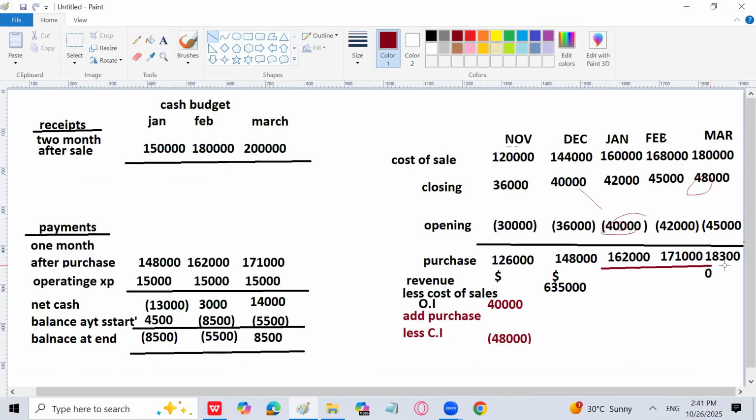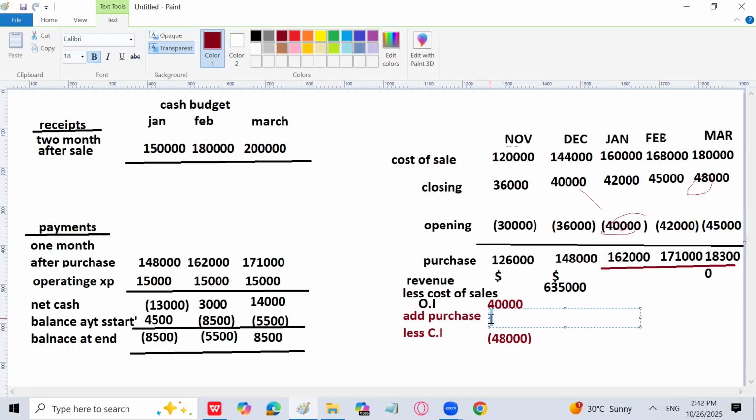I have to take all these purchases. January, February, and March, 162,000 plus 171,000 plus 183,000. So the total purchases for the 3 months ending, because we are preparing income statement for the 3 months, is 5,16,000, 516,000.